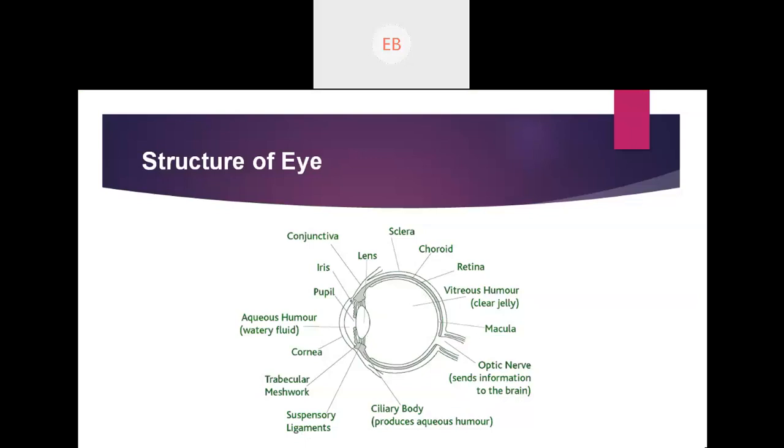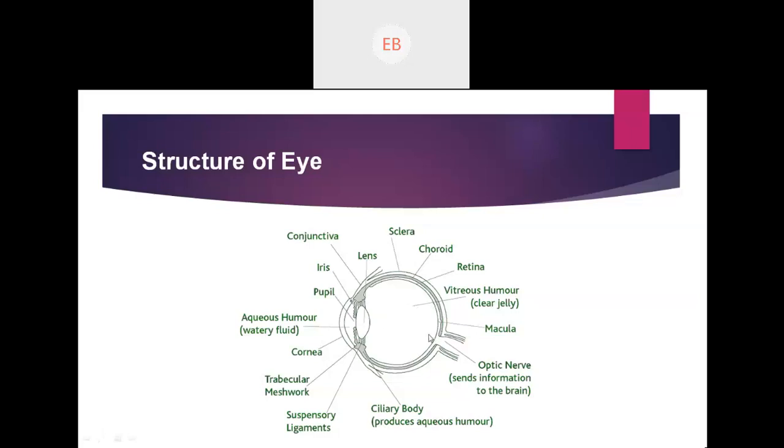These cones are responsible for photopic vision, that is bright light vision and colored vision. The cones are more active during the daytime: whatever images you see during the day, the cones perceive that information.